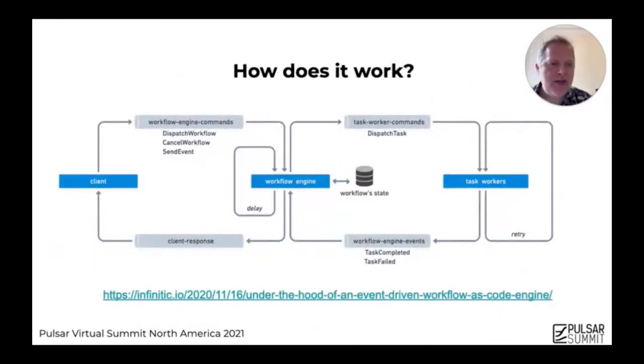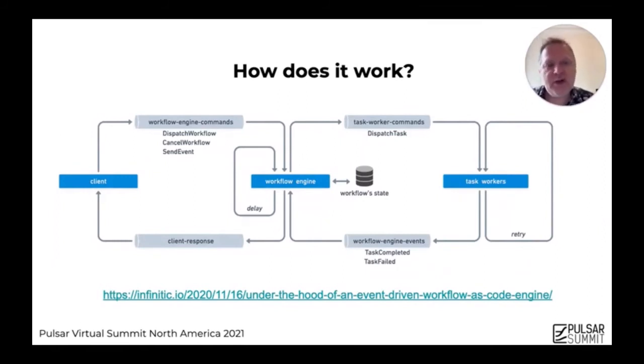How does it work behind the scenes? Everything, again, is event-driven. We use a lot of features of Pulsar to do that. The most fundamental one is being able to create topics on the fly, and also to use a key shared subscription with the workflow ID as a key for the workflow engine.